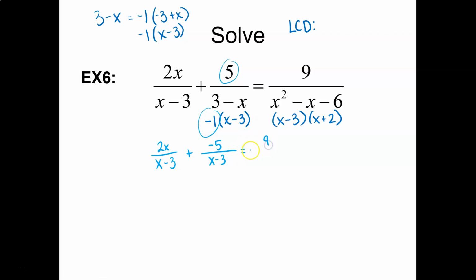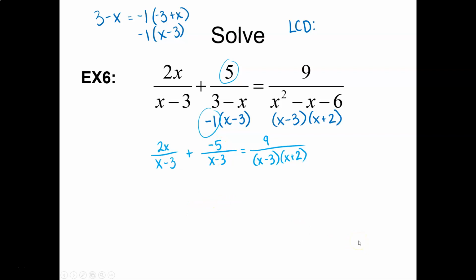Equals 9 over x minus 3, x plus 2. I also, where this is negative 5, if I wanted to, I could have made it a minus right here instead. If you only have a coefficient, I'd probably just put it here because you're likely to forget to distribute it if you put it over here, and you're less likely to do that if it's here.